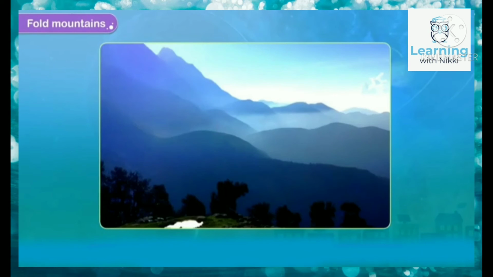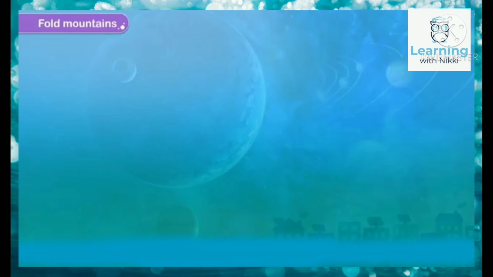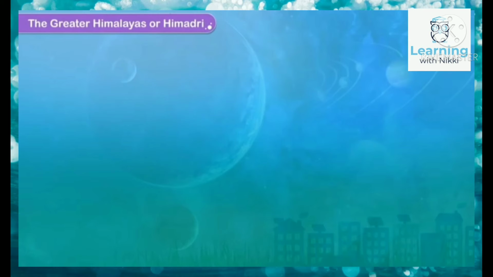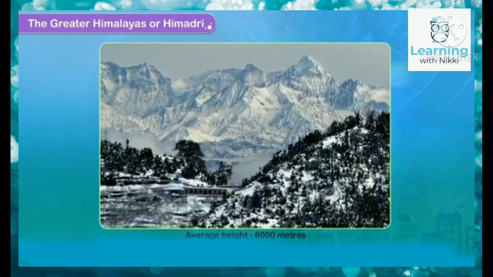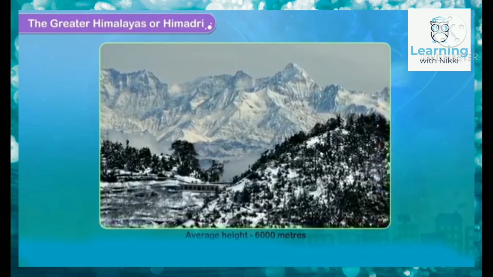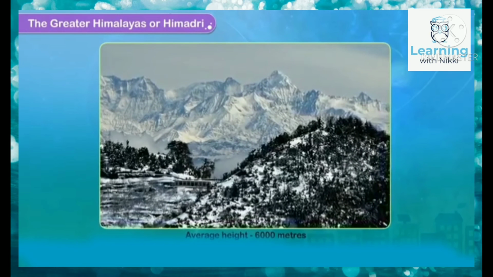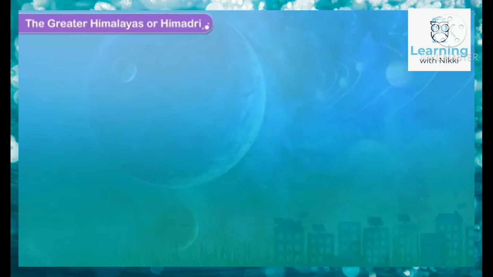The Himalayan ranges have mountains in three tiers of different heights. The Greater Himalayas or Himadri. These are the ones in the extreme north and have the tallest peaks. The average height of this mountain range is 6,000 meters.